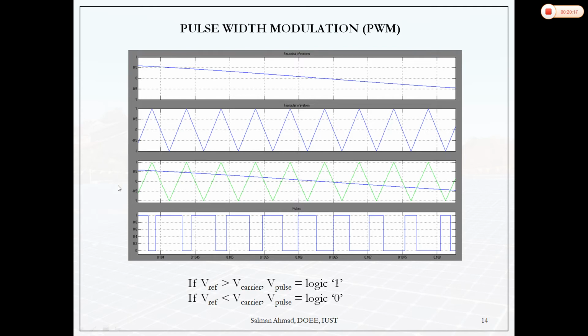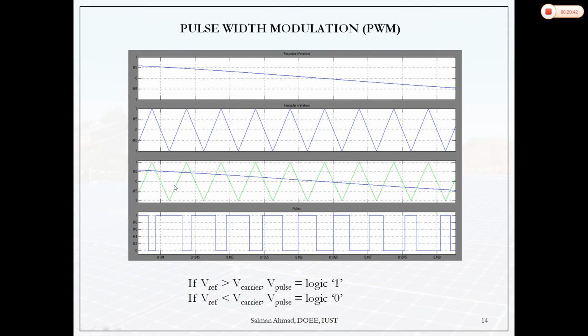You can see here that this is the intersection point. From this to this point we have the reference signal above the carrier signal, so the logic is 1. Here the logic is 0, because the carrier is above the reference signal. Now again from here to here the reference signal is above the carrier signal, so again logic 1 will be generated.